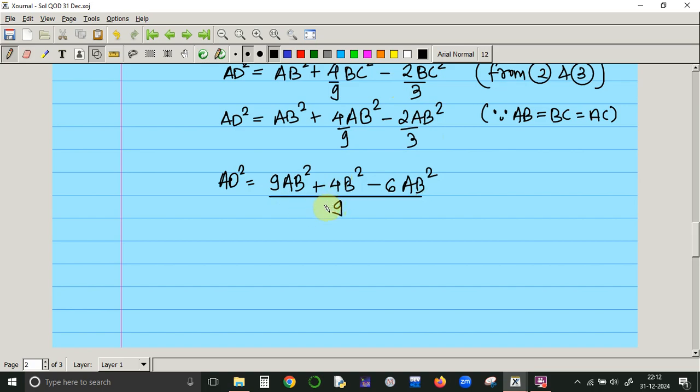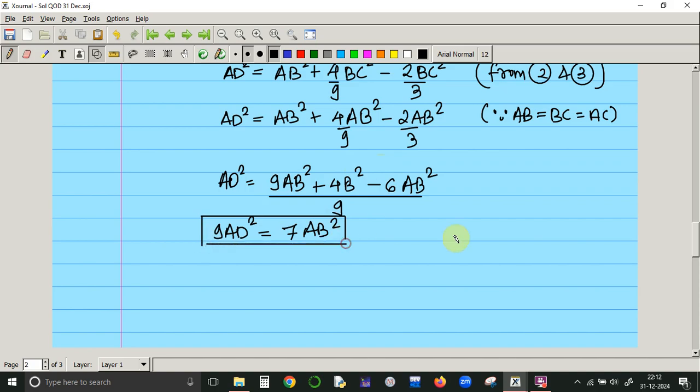This 9 is cross multiplied on that side, so this will be 9 AD square. Now simplify this. This is 9 minus 6, 3, plus 3 and plus 4, so 7 AB square, which is the required answer.